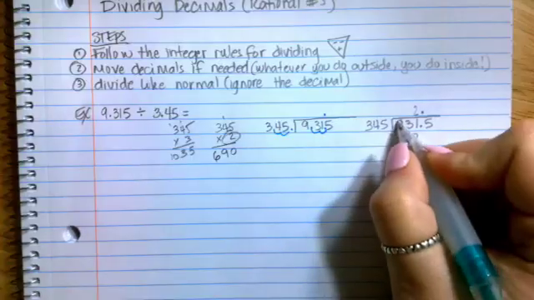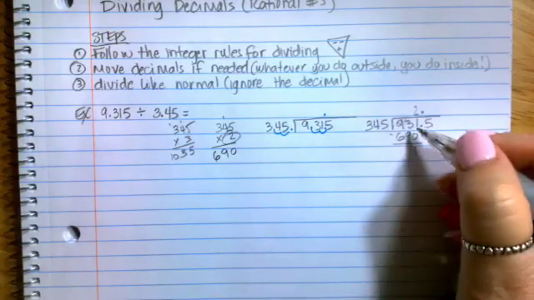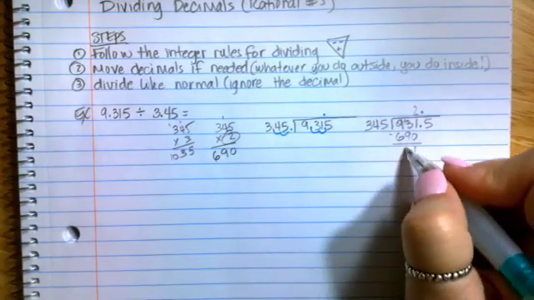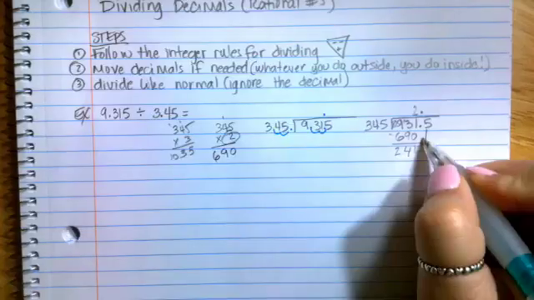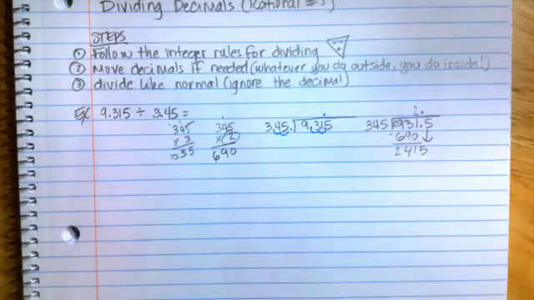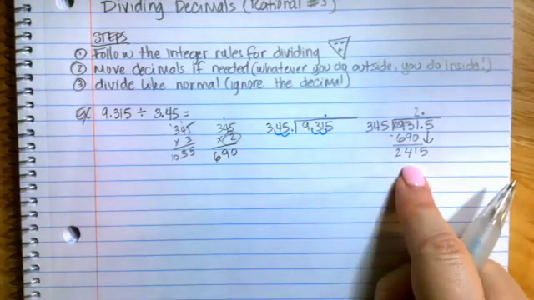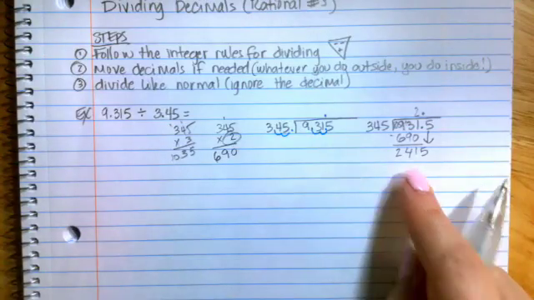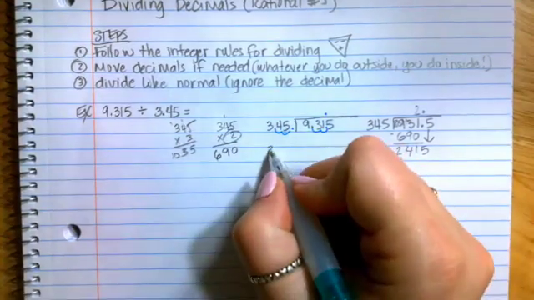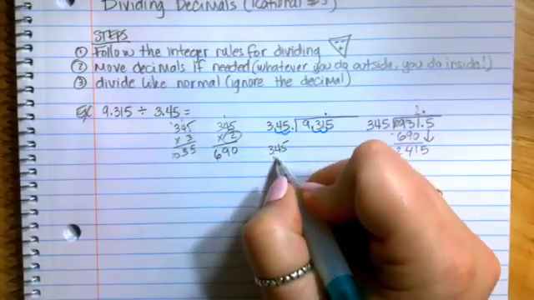Subtract, you get 1. Borrow. So 13 minus 9 is 4. 8 minus 6 is 2. Bring down that 5, not the decimal. Okay, ignore the decimal. Now, how many times can 345 fit into this rather large number? I'm going to save you the heartache. It's 345 times 7.